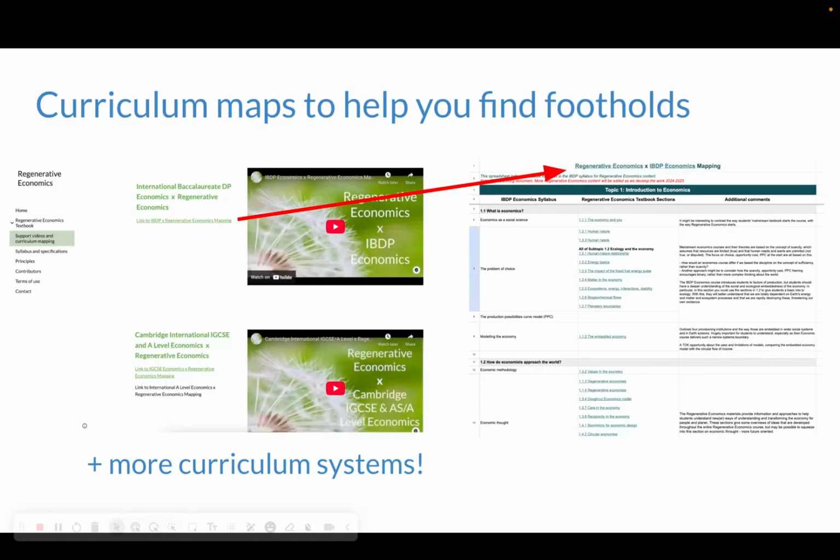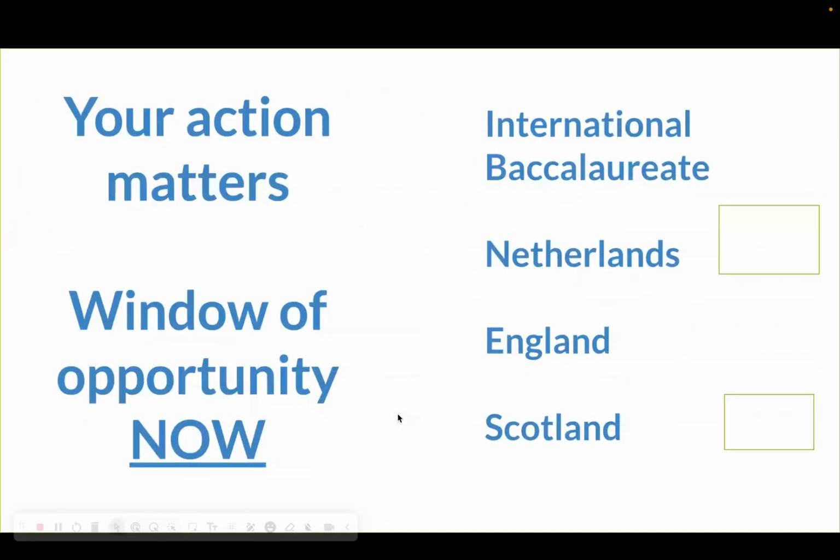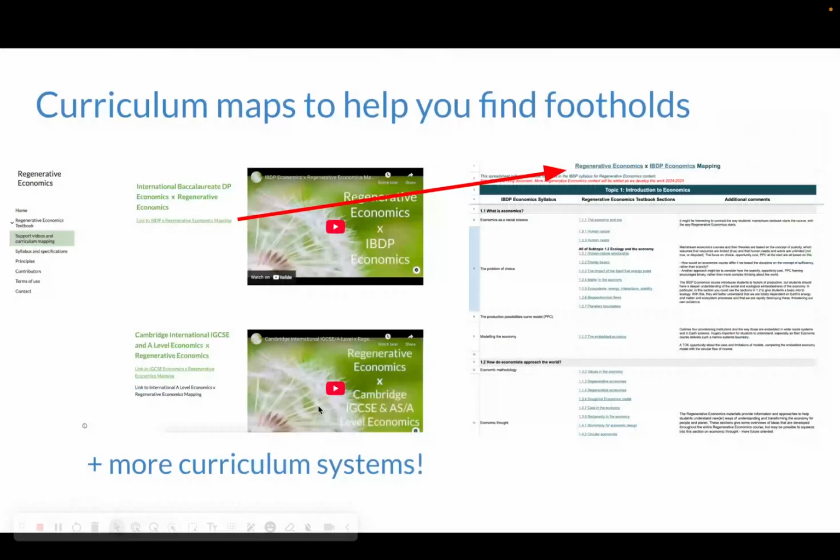we have created some curriculum maps. And you can see here, those curriculum maps are right here underneath the textbook. And when you go to that page, you'll see various curricula from around the world.